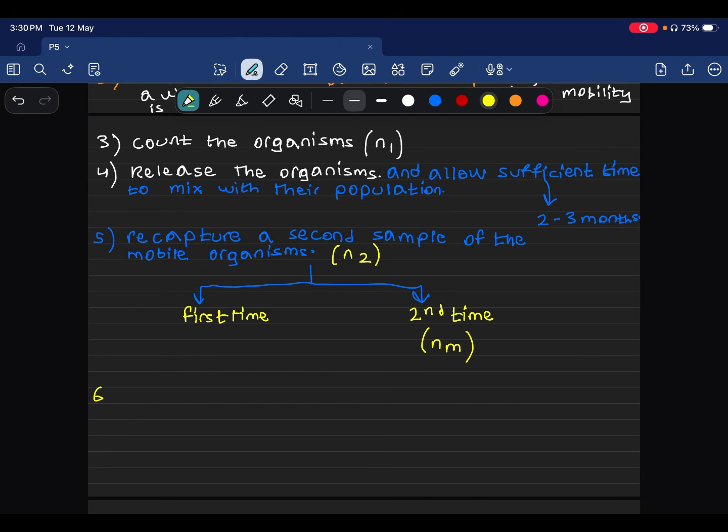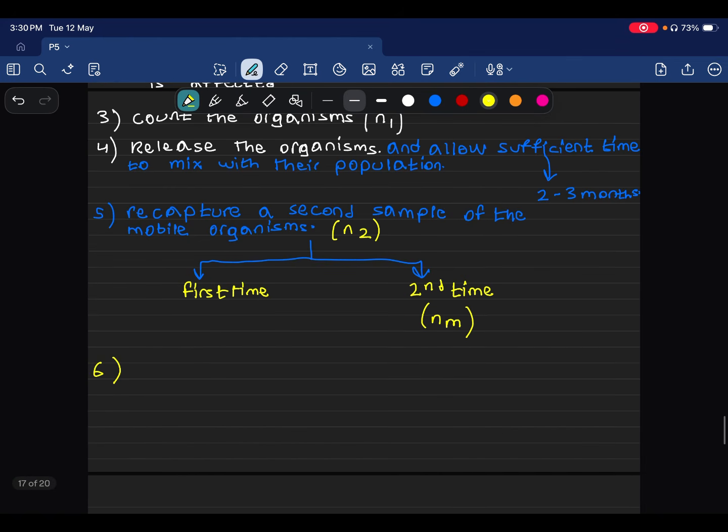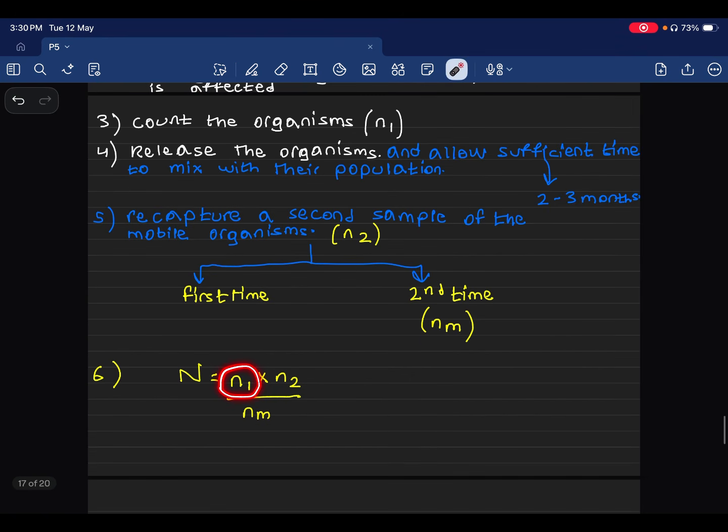Now you can estimate the population size by using the Lincoln's index. Lincoln's index is represented by the letter capital N, and this is N1 multiplied by N2 divided by Nm. You take the sample of the first organisms which you caught, you take the number of the second organisms in total that you caught, and you divide that by the number of organisms that you recaptured, and you get the population size.